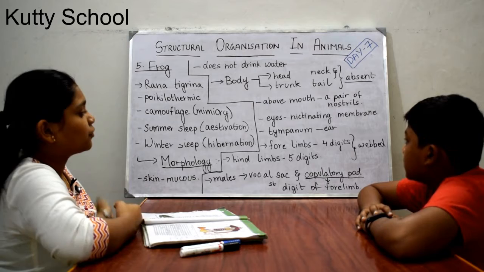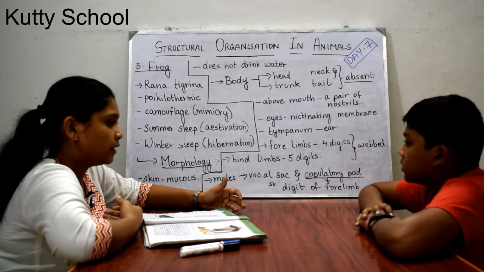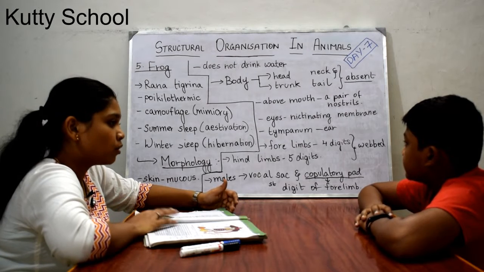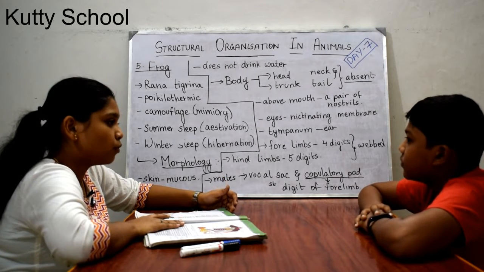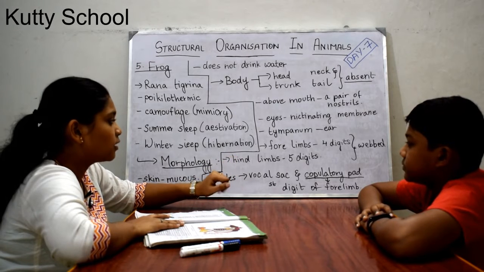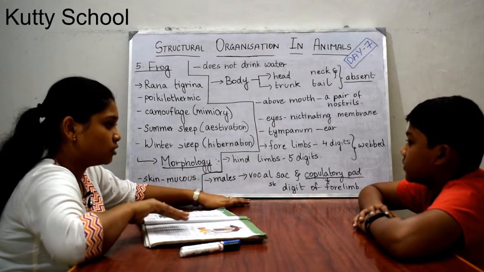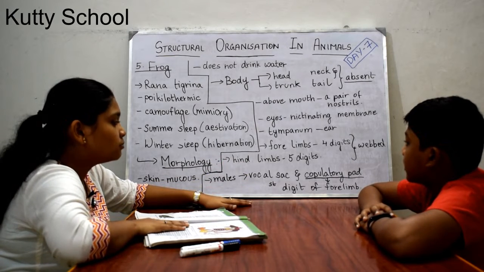In these frogs there are two pairs of limbs, forelimbs and hind limbs. The forelimbs have 4 digits, with web-like feet, and the hind limbs have 5 digits.